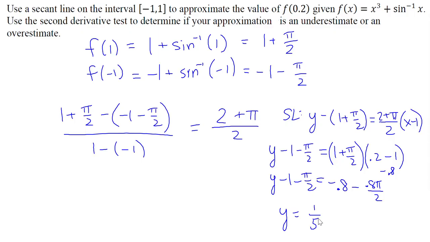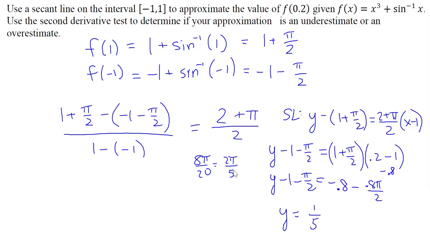And then if I add pi over 2 to negative 0.8 pi over 2, if I rewrite that 0.8 pi over 2, that's the same as 8 pi over 20, right? And 8 pi over 20 would be the same as 2 pi over 5.